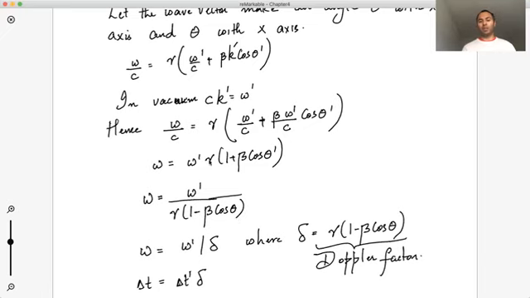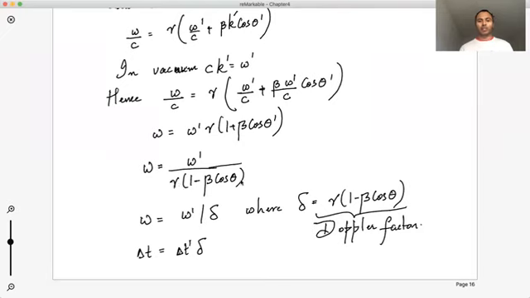So you just flip the index on gamma, gamma becomes 1 over gamma, and then you flip the sign on beta, and then change primed to unprimed. You can go back to the equation we had relating angles between two frames, and then you can show that this is the case. Anyhow, this factor is called the Doppler factor, the relativistic Doppler factor.